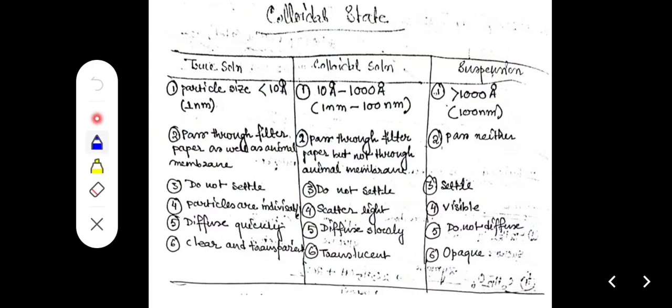Now the difference between true solution, colloidal solution and suspension. Always remember, when particles are added to a solution and they are completely miscible, it is termed a true solution.